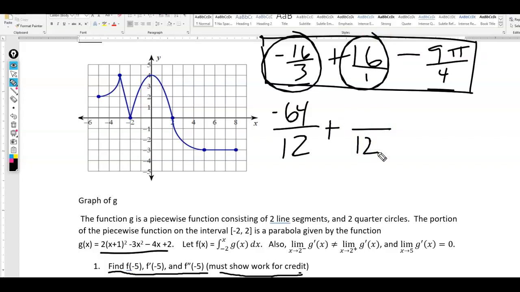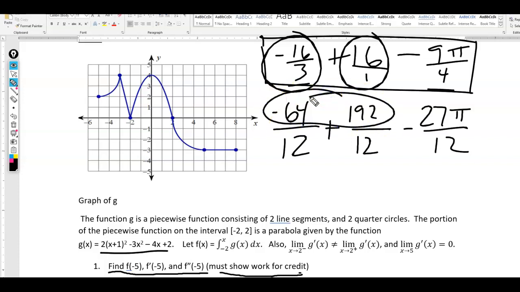I don't have that memorized. 192. And for the top one, we multiply the top and bottom by 3 to get that common denominator. And what we can do is combine these two together here to get 128. Then we have minus 27 pi over 12.